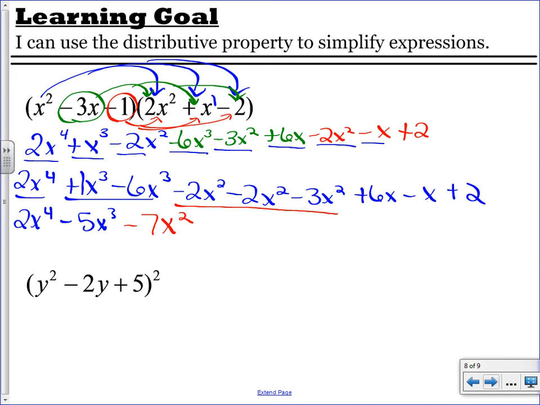Nick, what do I write for my next one? Good. Plus 5x. And then I have that plus 2 at the end. And that's my final answer because all of those are the exponents. None of them are like terms.